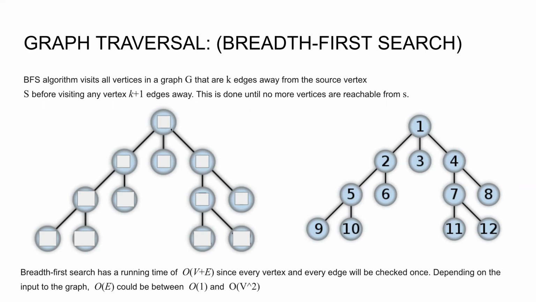BFS just means you go level by level. You go to the root, and then you go through the next level before you go to the level after that. Is that clear? Basically, you push each level into a stack until you go to the bottom, and you pop them off and deal with them. Right?